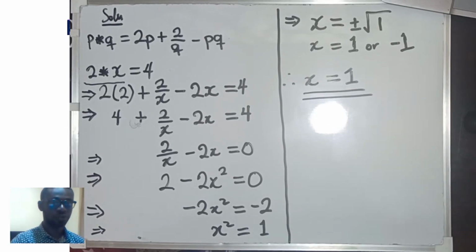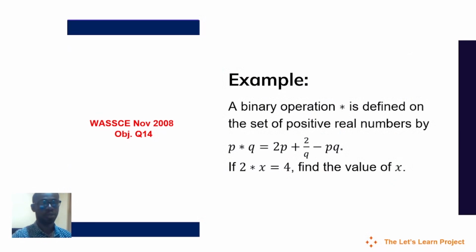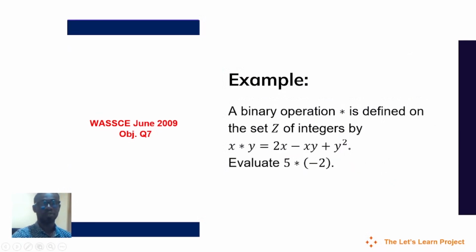Alright, so let's look at another example. This question says that a binary operation star is defined on a set Z of integers by x star y equals 2x minus xy plus y squared. Evaluate 5 star negative 2.